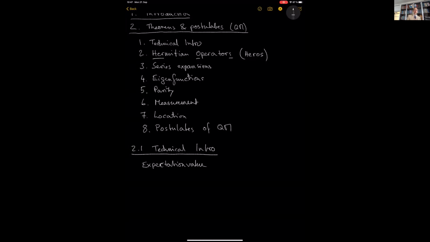Now, maybe you forgot how it is defined, right? But you can think of it as, so it corresponds to the average of normalized functions.